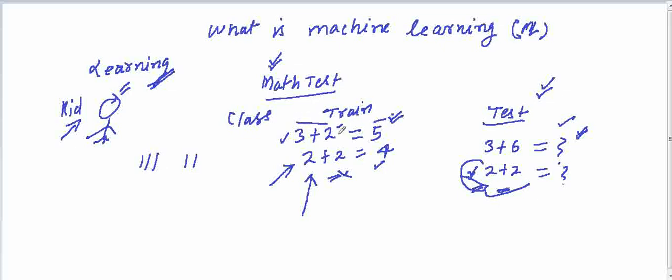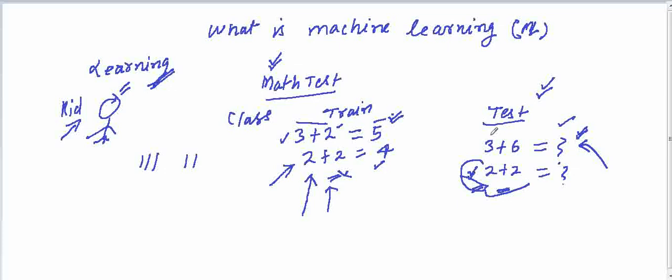Now the machine understood 3 plus 2 is equal to 5, 2 plus 2 is equal to 4, correct. Now the machine understood this fact, and then whenever you pass the test data to the machine, the machine will answer the addition problem, what exactly the addition is.